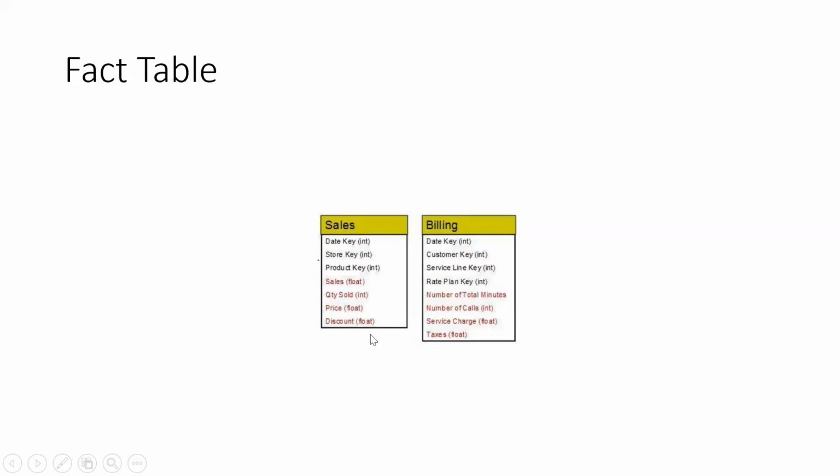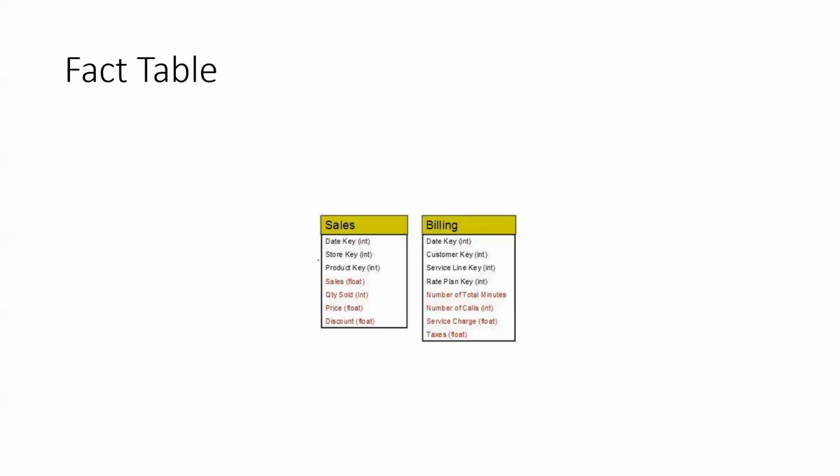Why are foreign keys required? Because of the joining purpose, we will be using the relational database over here, where fact is the main table. It should store all the keys: the primary key of the same table as well as foreign keys of the different tables.